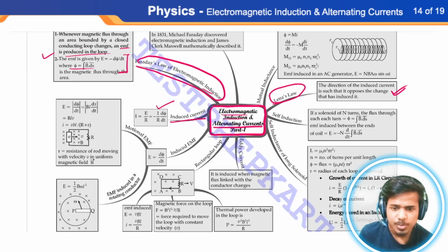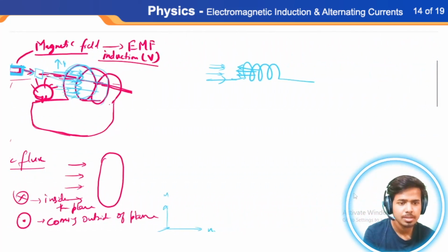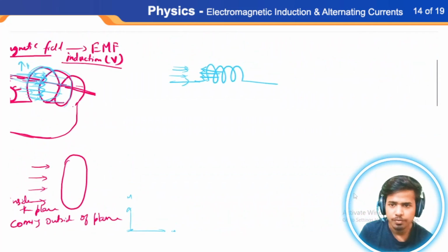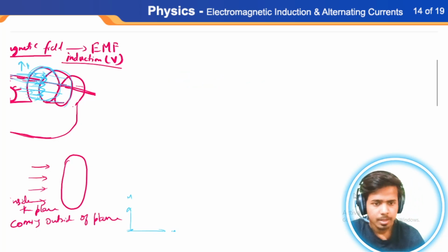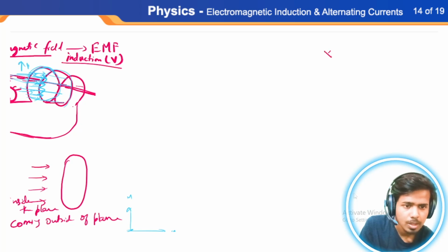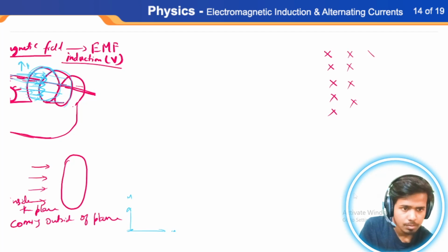Now, this is a special case. Let's talk about this one, a special case, which is mostly used in the questions. So please be very careful about this one. The condition is, this is a region of magnetic field, a constant magnetic field.